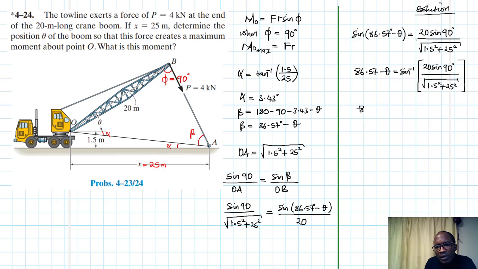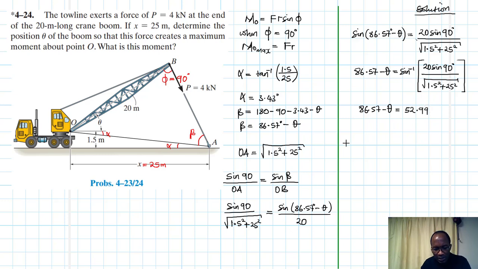So 86.57 minus theta equals, let's find what that is. I start with 1.5 squared plus 25 squared, take the square root of that, 20 divided by that, and then sine inverse of that. So we have this equal to 52.99.